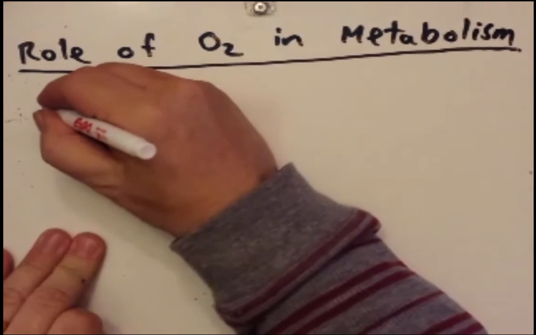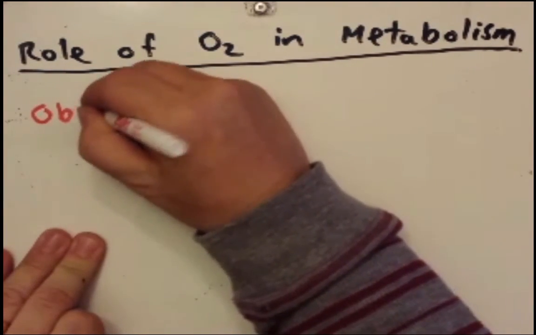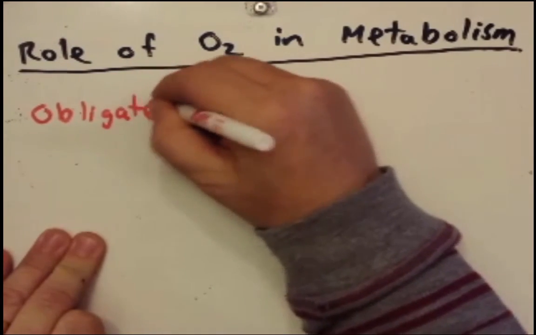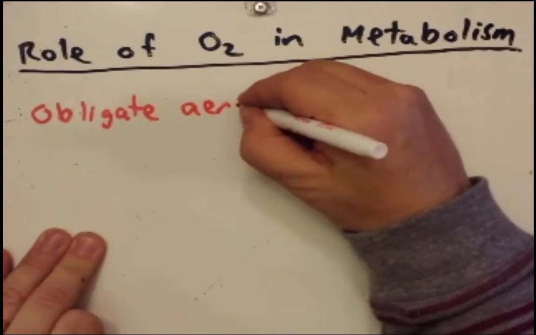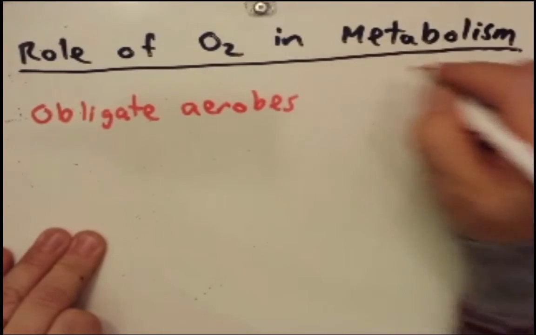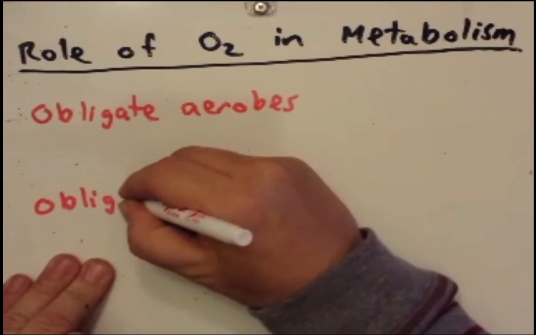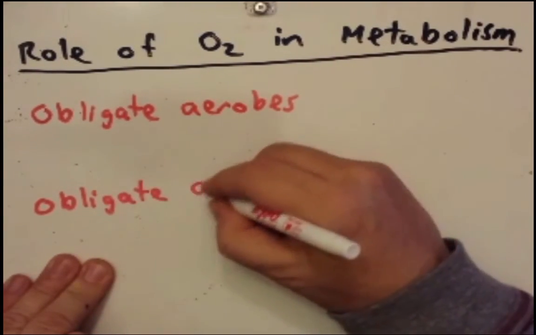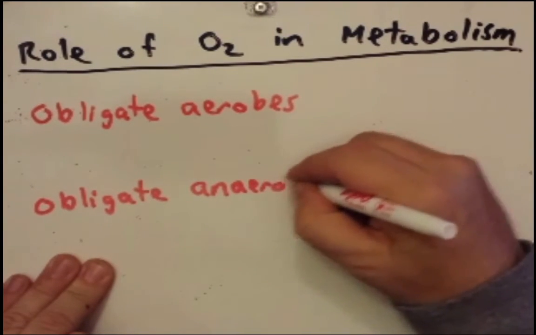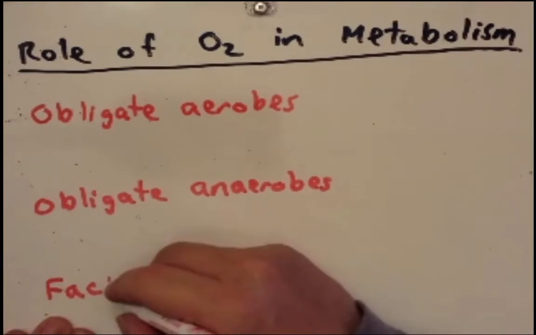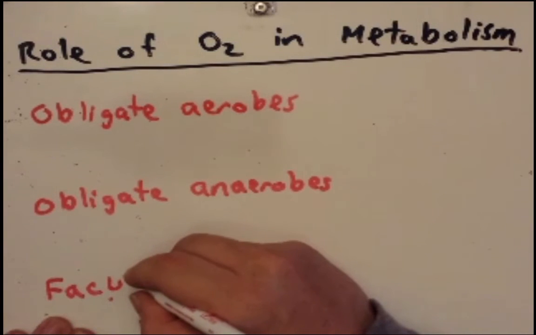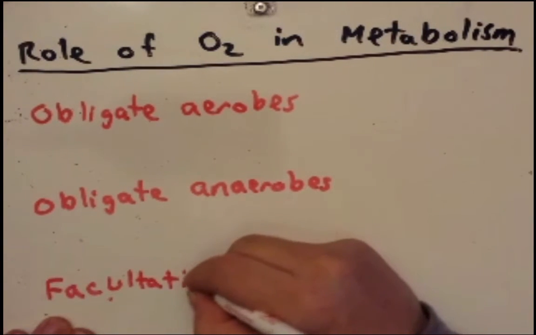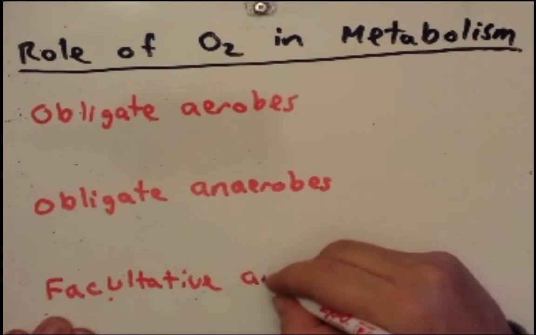The first is obligate aerobes. The second is obligate anaerobes. And the last one are facultative anaerobes.